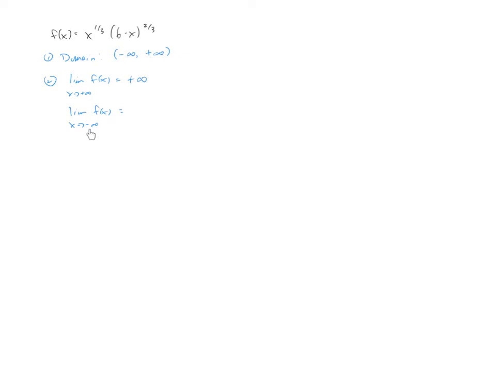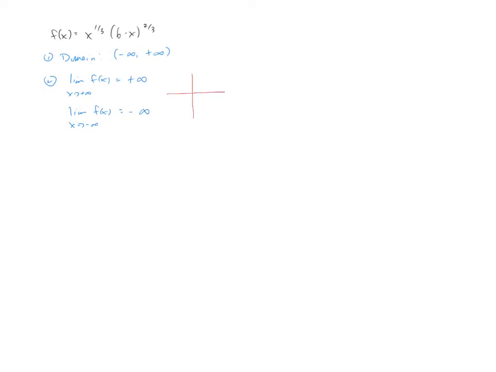Now, when I take a negative number and I plug it in here, this would be negative, right? The cube root of a negative is negative. Here, though, this being squared would always be positive. So I would have a negative times a positive, which is negative, which means that I have to be at negative infinity, okay?